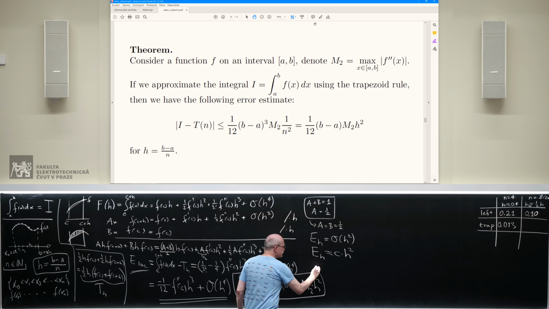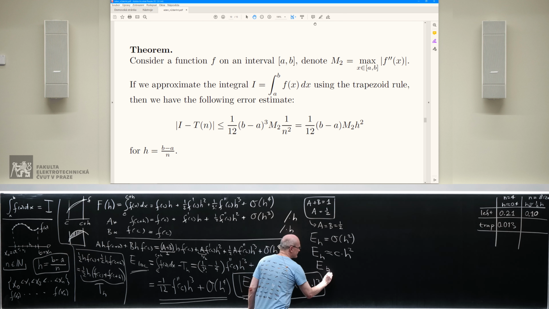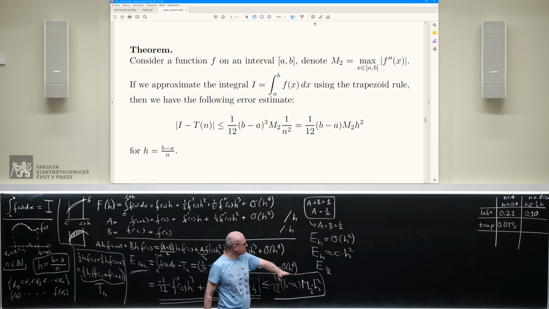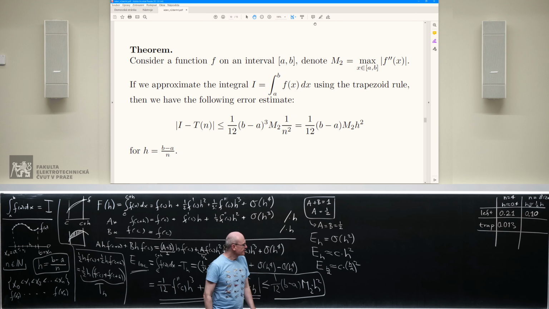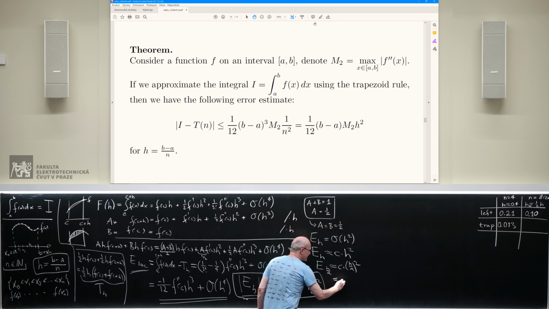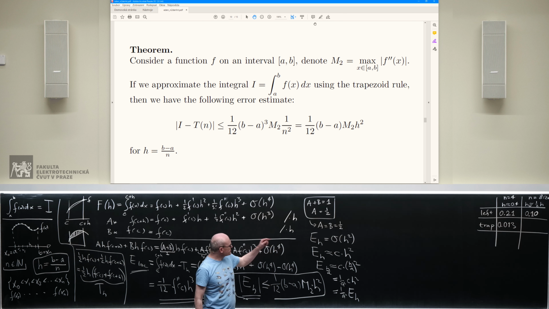It means that if I divide the step size by some constant a, now we have to be careful. h has to be a permissible step size, and if I divide it by a positive integer, then it again is a permissible step size. Then the error will be c times, and now the new step is h over a, and it's squared. So it means that 1 over a squared can be factored out, and we are getting 1 over a squared times the original error.